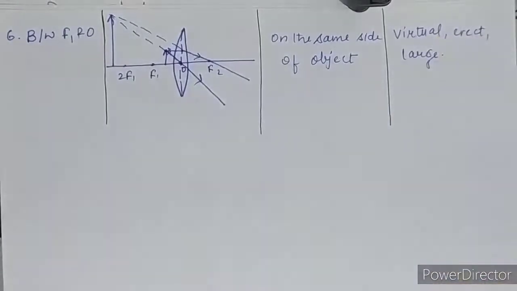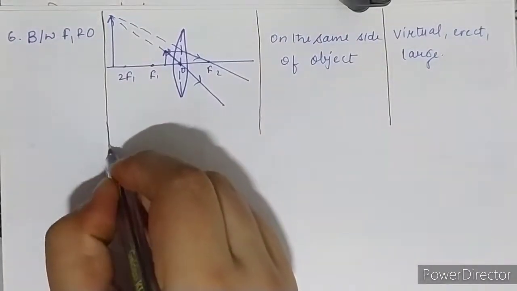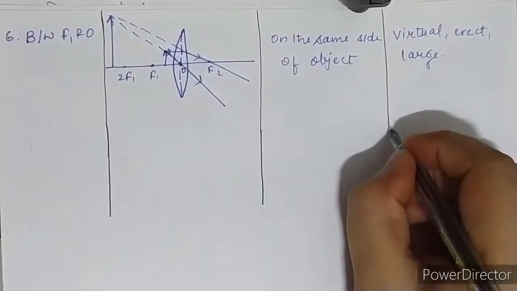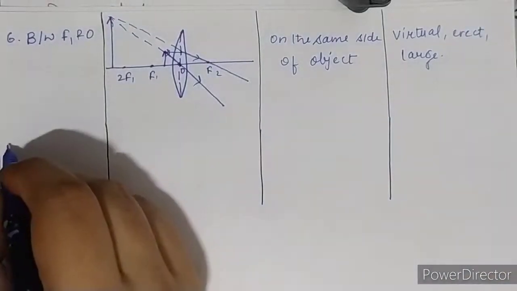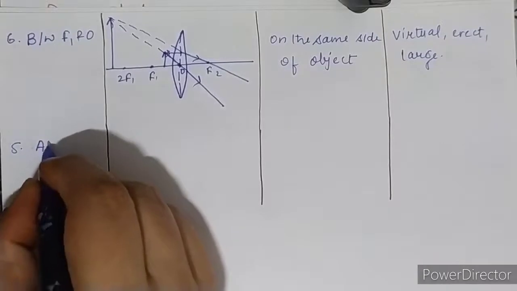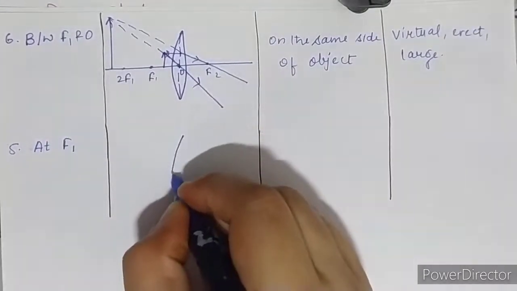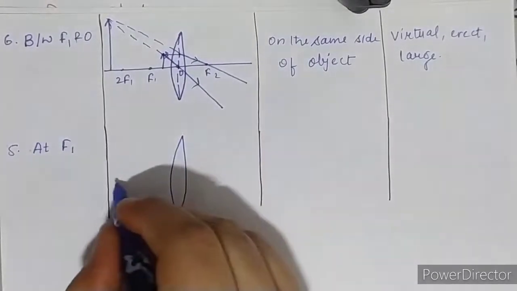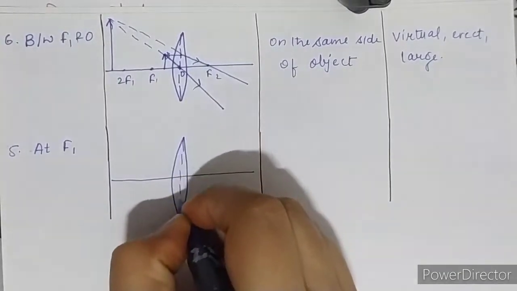The fifth condition I have just made wrong, so I am drawing it again. Skip that fifth one which I drew previously. In the fifth condition, when the object is at focus f1, this one is your convex lens, principal axis, that separation.